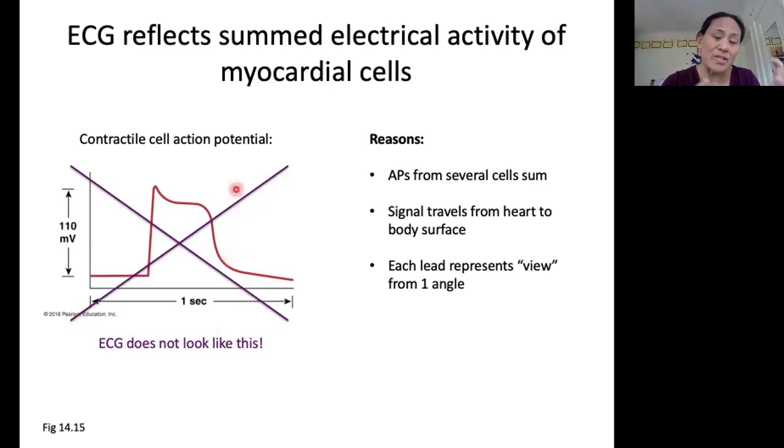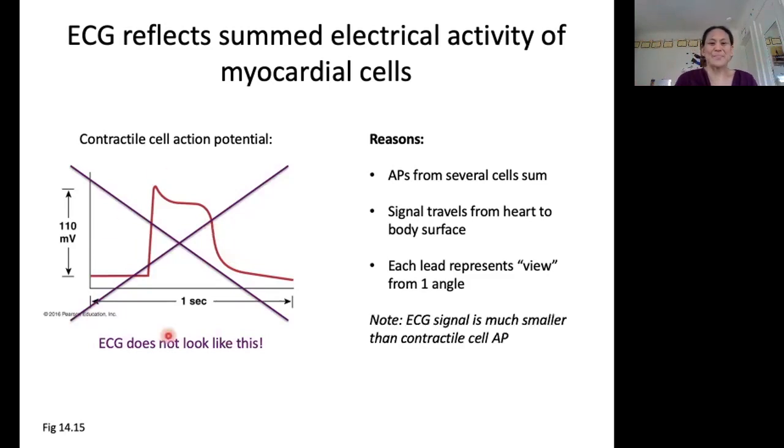The same thing happens to that electrical signal coming from the heart. And so the EKG trace that we see when we record the heart's electrical activity from the skin surface doesn't look like this.